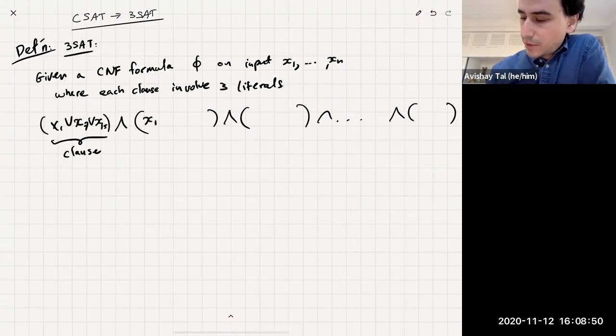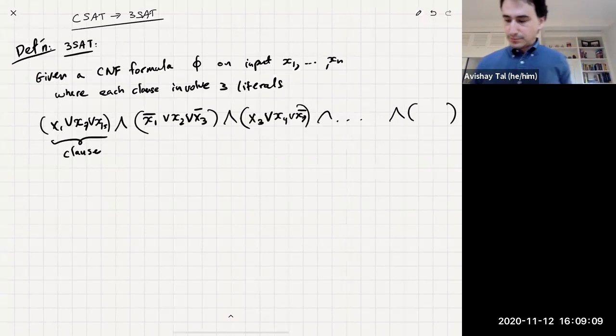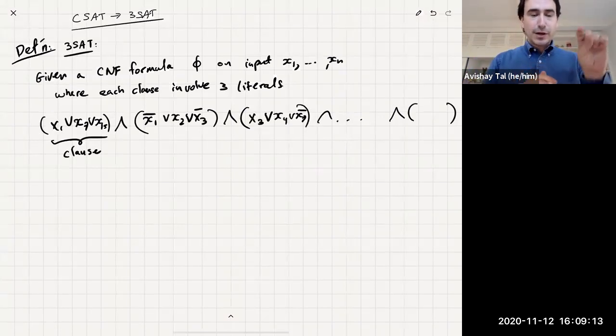Here it will be not x1 or x2 or not x3. And then we'll have, I don't know, x3 or x4 or not x7. Okay, so you have a bunch of these constraints. Each constraint involves three variables or their negation. A variable or its negation is called a literal.